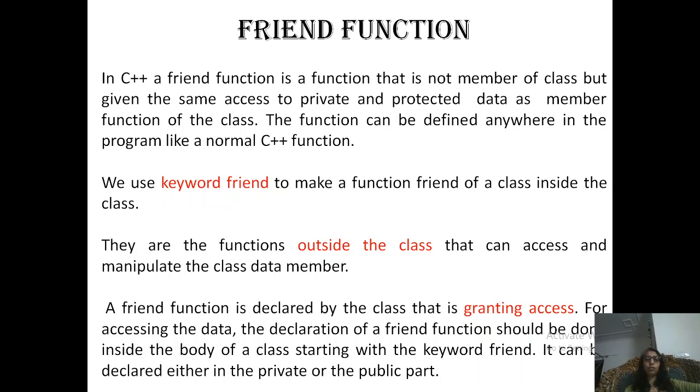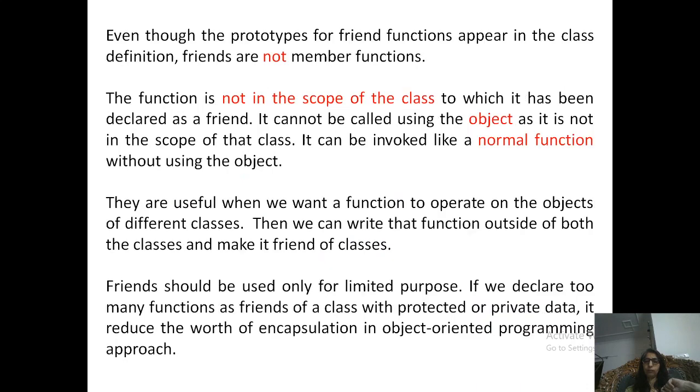So friend functions need to be declared inside the class. That's why we can control which function is using our data, and for that we use the keyword friend. And these are not member functions. They can be invoked like normal functions.